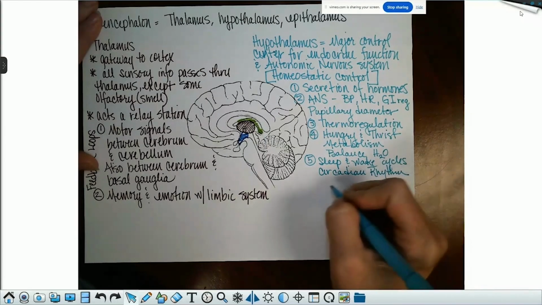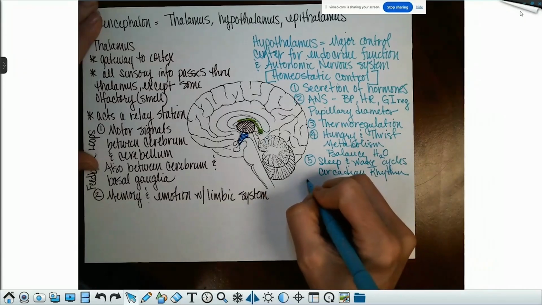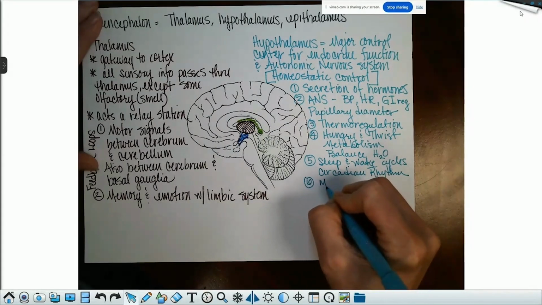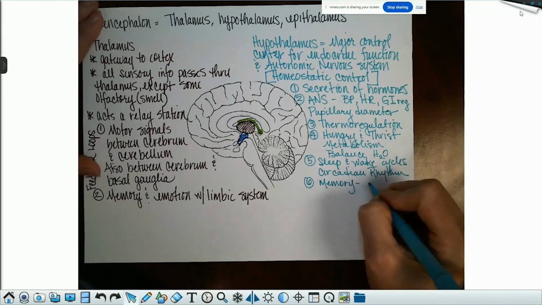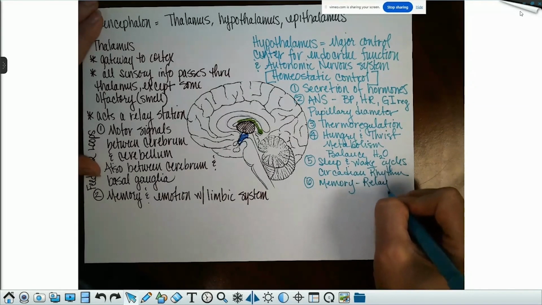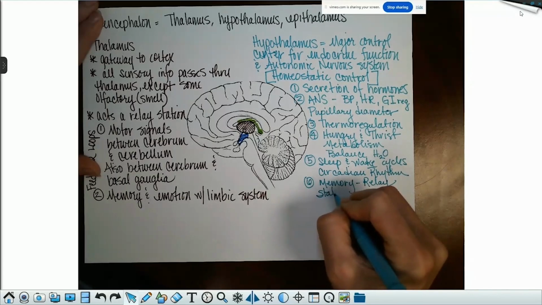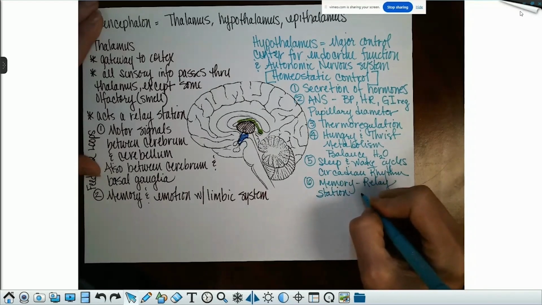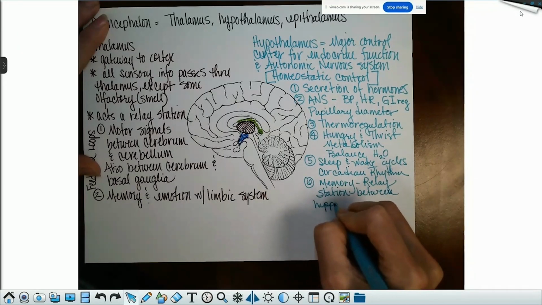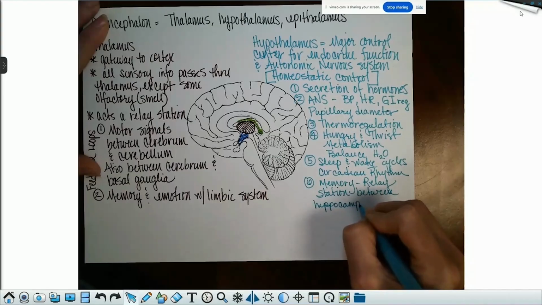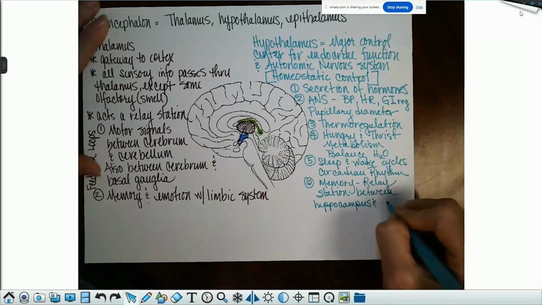Memory, as a relay station for another structure that's deep in there, which is the hippocampus, and the thalamus.